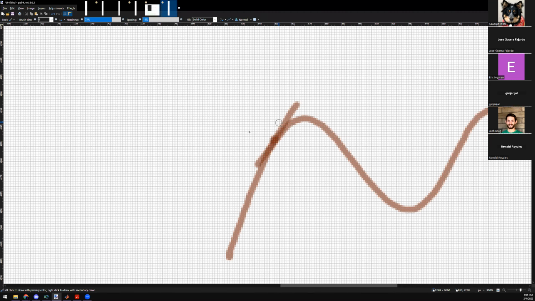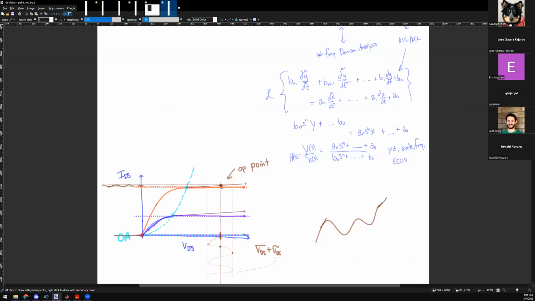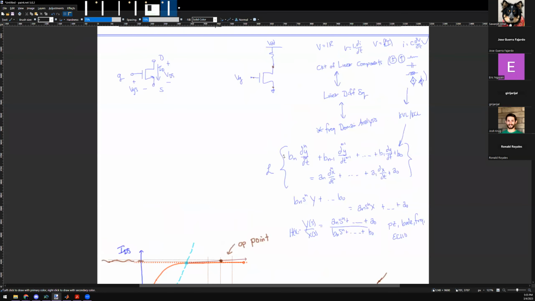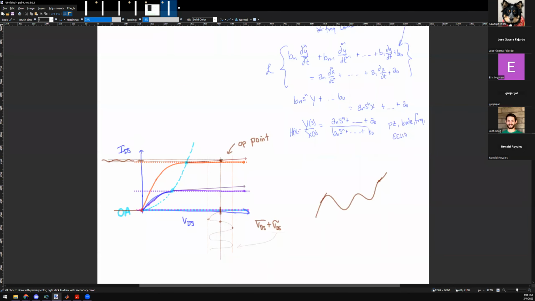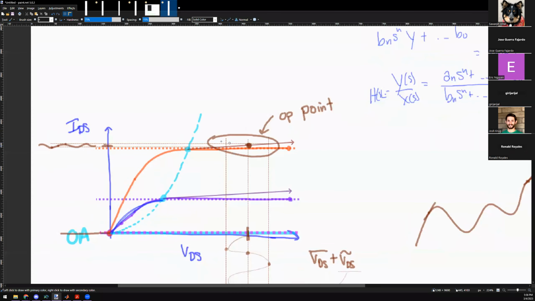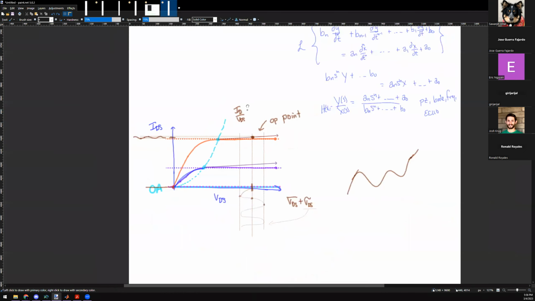Now, so as long as I take its local derivative, I can find the effective gain from the relationship between V and I. If I take a local derivative, what are the units of the derivative? It's in units of IDS, or ID, per VDS. Yes, that's the slope.